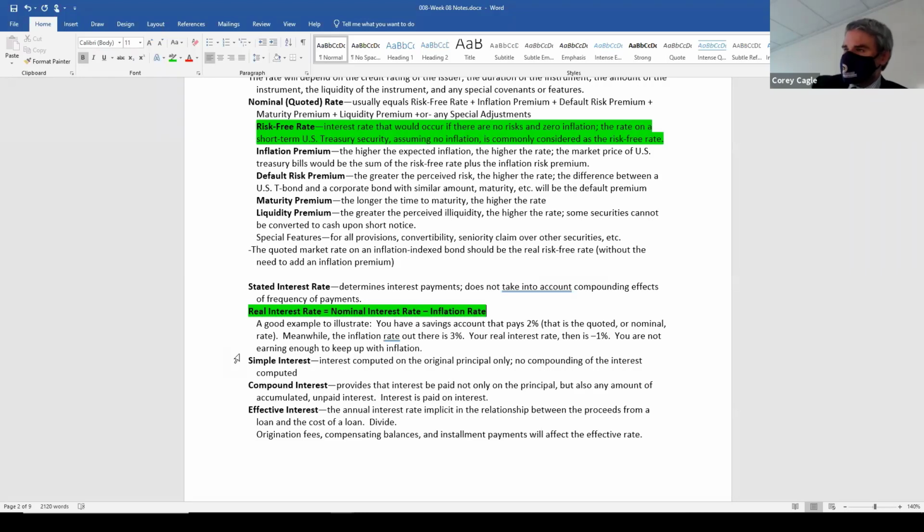So if there's a compensating balance, you're not really able to use that money. So your effective interest rate would be the interest you're paying divided by really only what you have available to use. There's a lot of things that will affect your effective interest.